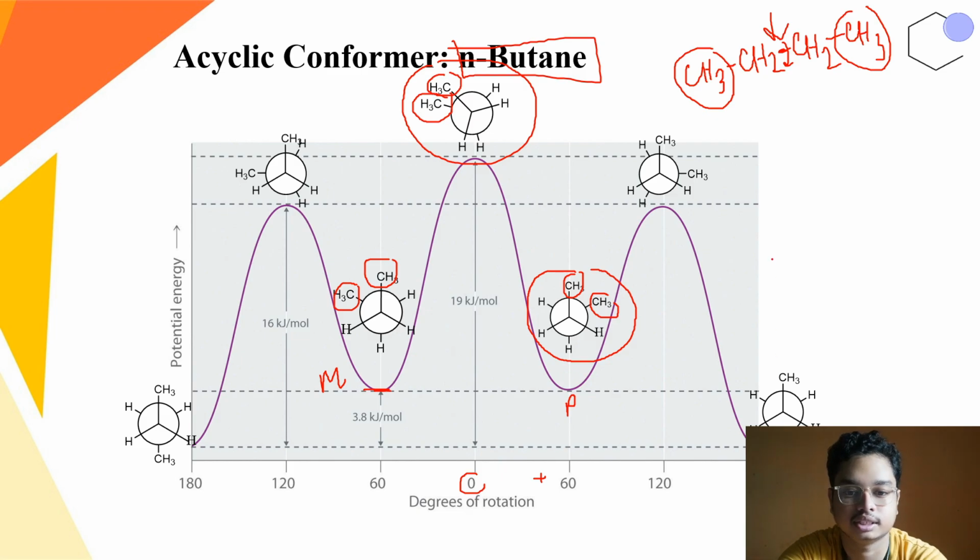we find this partially eclipsed conformer, where at the eclipsing position there are not two methyls, there is one methyl and one hydrogen. Similarly, in the second part also there is one methyl and one hydrogen, but in the complete eclipse conformer, you can find that two methyls are present.